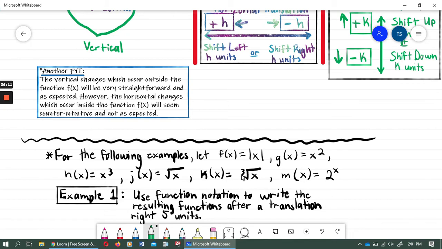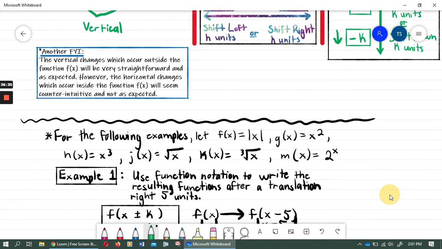K of x is going to be the parent function for the cube root function family. And M of x is going to be the parent function for the exponential function family that has a base of 2.